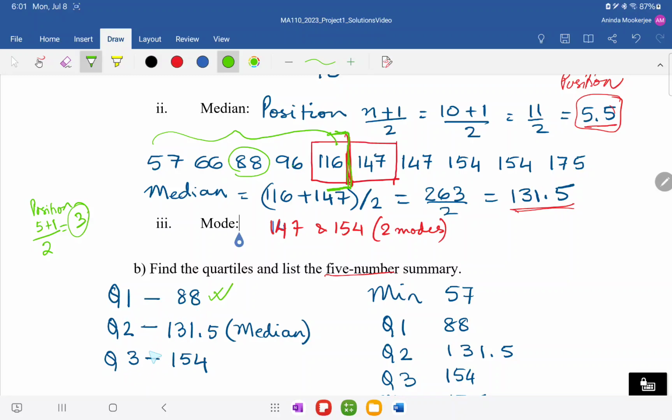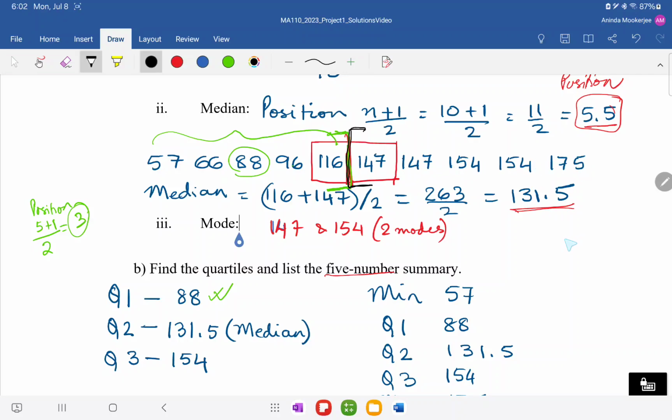Then for quartile 3, you have to look at the right half of the data. Let's use a different color. This part of the data set, the right half, starting from 147. How many do we have here? 5. 1, 2, 3, 4, 5.